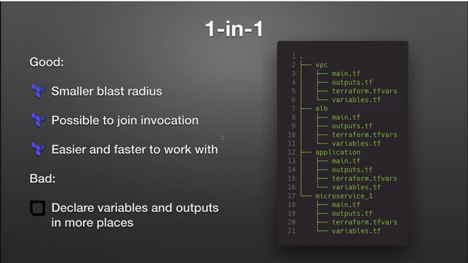The scope will be smaller, but you will also have to declare variables in many places, and the outputs and variables files will be pretty repetitive, which means that variables in one folder will most likely be correlated with outputs in other files.